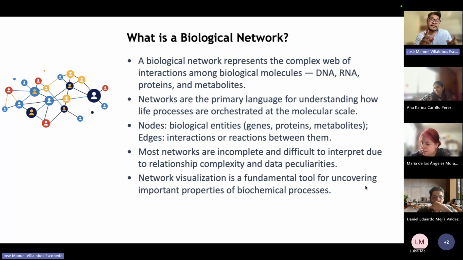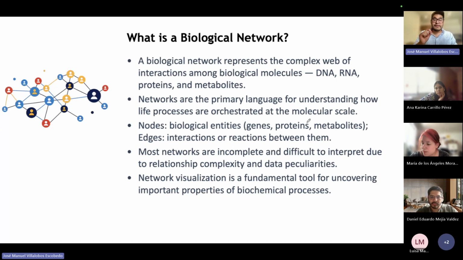So many networks can be super interesting for one kind of stuff that is happening in the cell, but we can complement with other networks. For example, we can complement transcription regulation and protein interaction, different kinds of information that we can try to complement together to understand something. So when we are trying to understand a complex process in the cell, we can have many kinds of networks working at the same time and trying to understand what is happening in general.